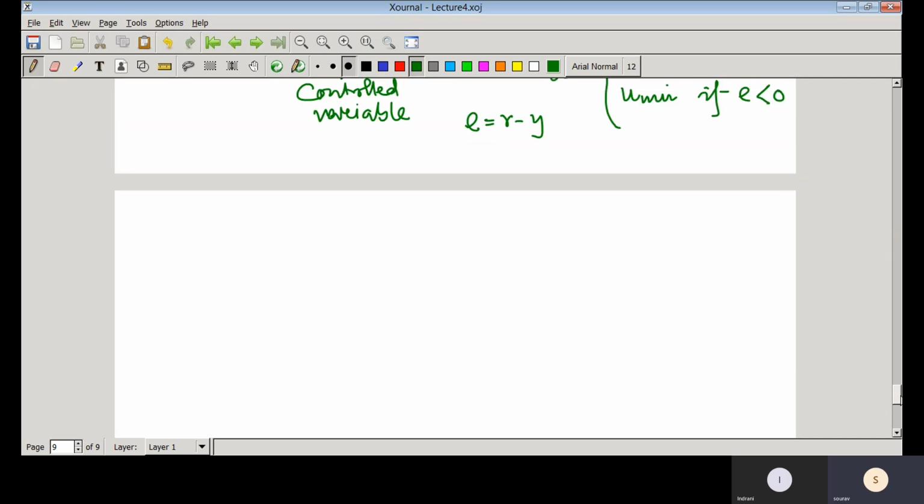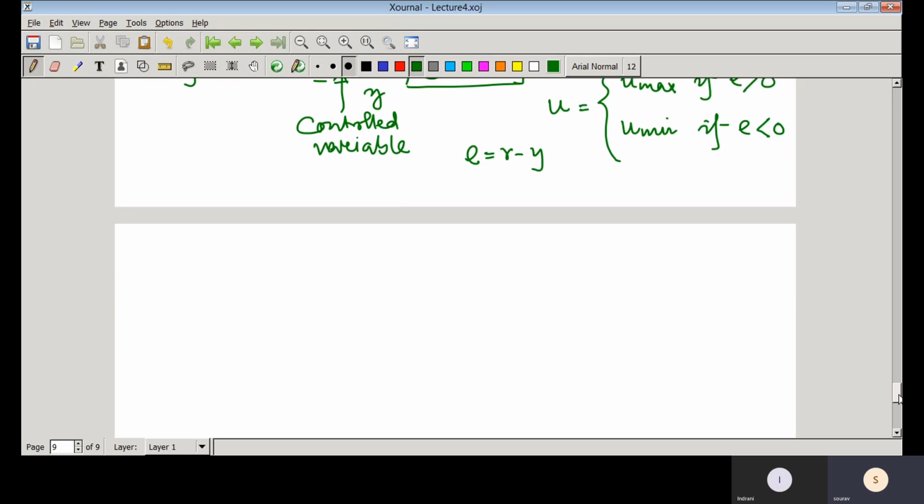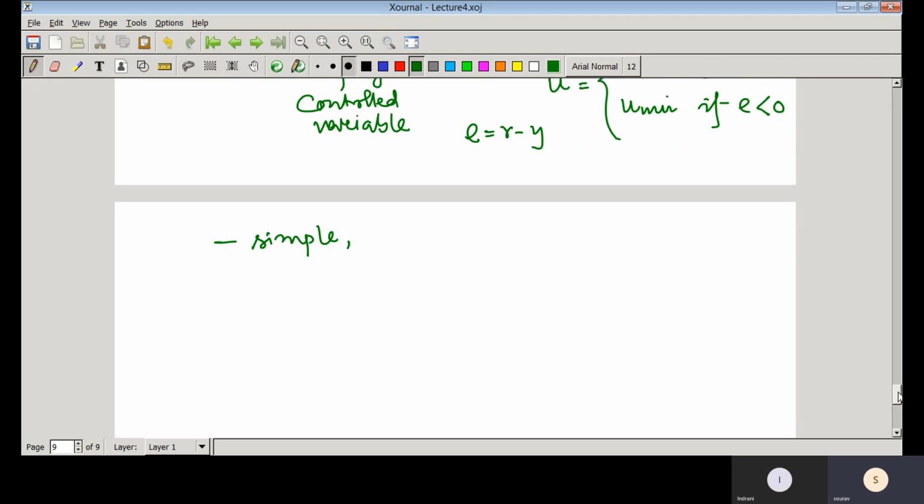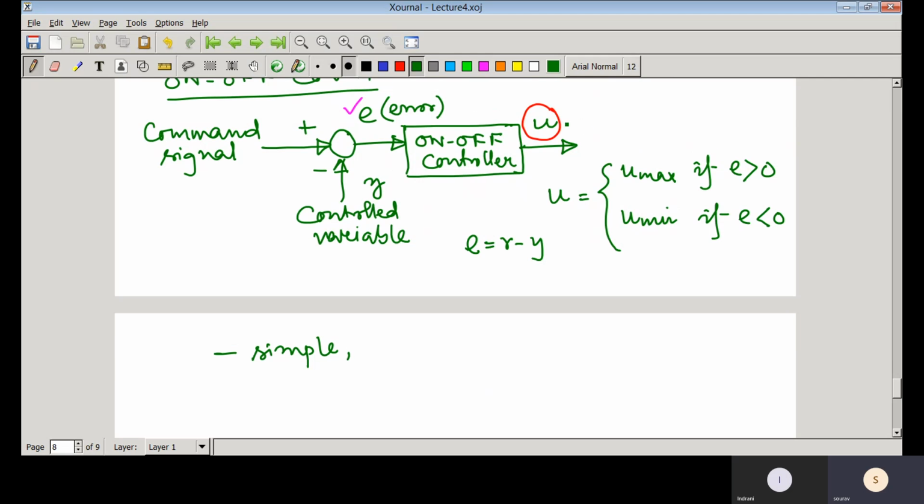From this structure we can see that the control strategy is very simple. We have not chosen any parameter. The control output U depends only on the error signal E, so there is no parameter to choose.